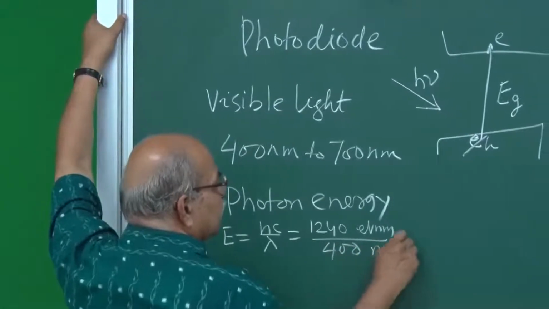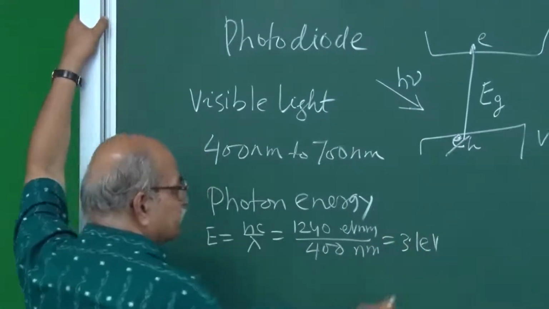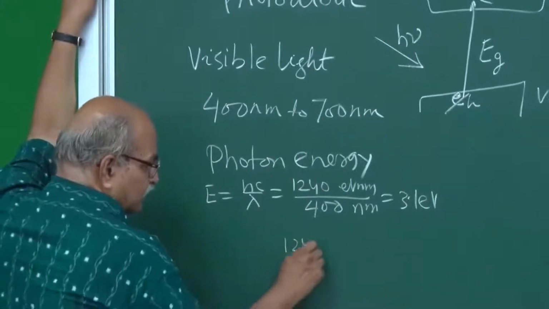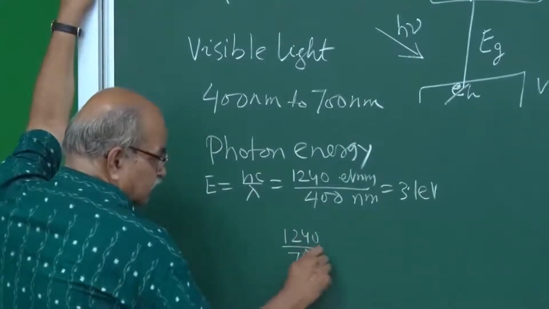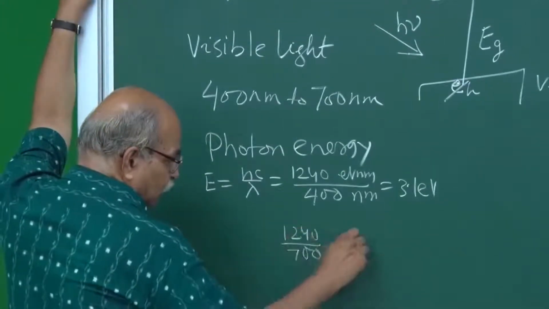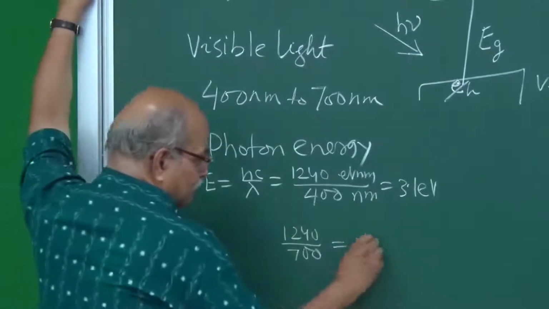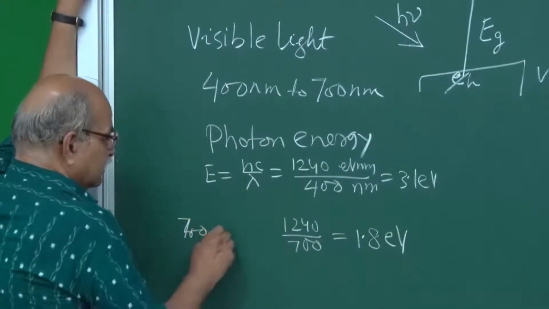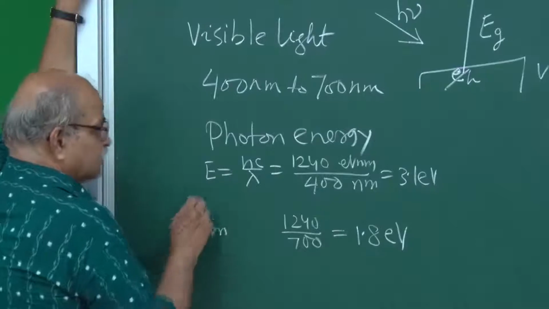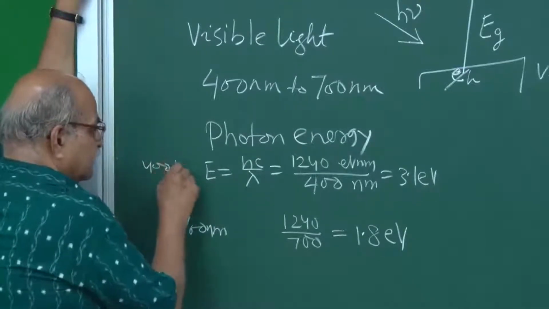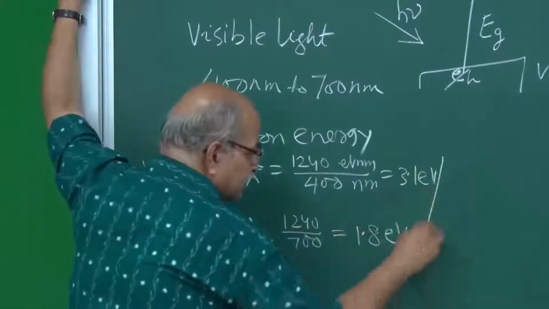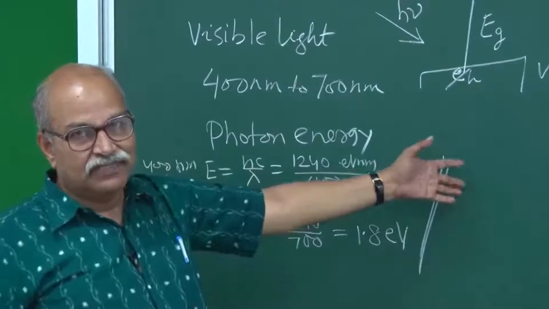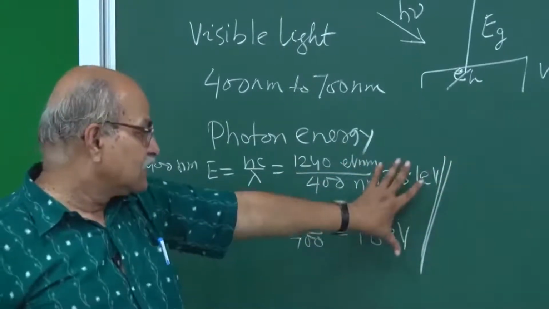That will give me 3.1 electron volts, and then for 700 nanometers, this is 1240 over 700. So, that will be how much? Around 1.8 eV. Okay, so this is for 700 nanometer, and this is for 400 nanometer. So, the photon energy ranges somewhere between 1.8 eV to 3.1 eV or 3.2 eV, like that. So, this is the range.